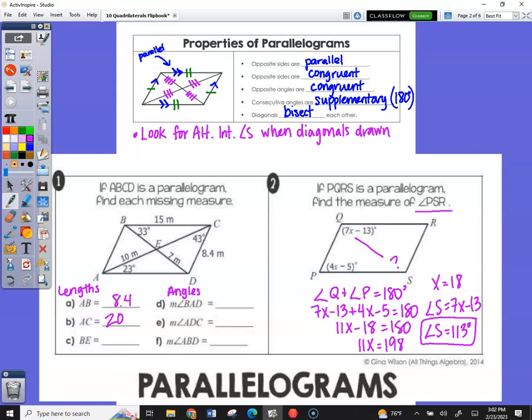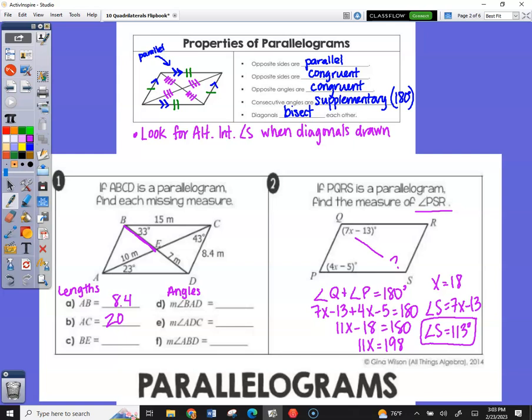BE. Wait a minute. Why can I not find it? Oh, there it is. BE. Okay, I'm really glad you said 33. Very common. So glad you said it. I'm using it as a teachable moment. Very common mistake to just take a number next to what you're finding and think they go together.